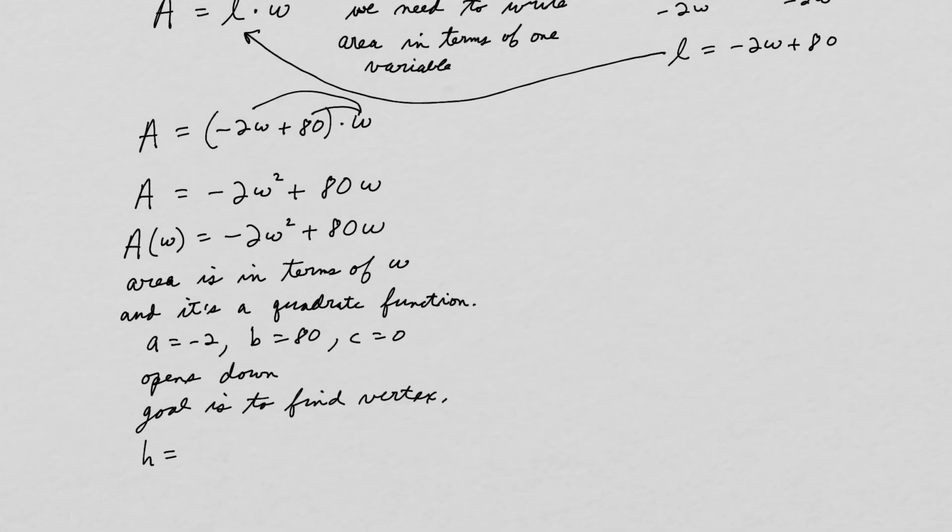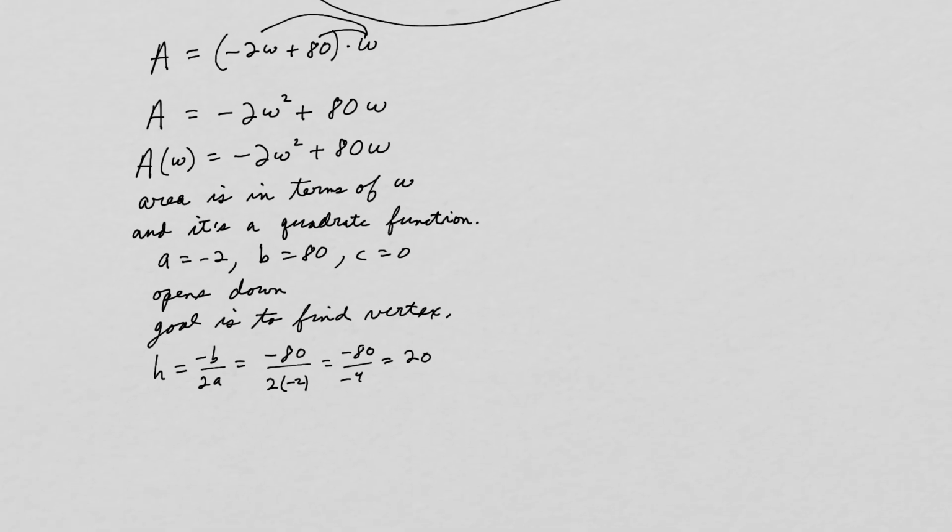So this is going to be minus B over 2A. So it's minus 80 over 2 times negative 2. That's going to be negative 80 over negative 4, which is positive 20. And then to find the K, that's going to be the function A evaluated when the width is 20, evaluated at H. So this will be minus 2 times 20 squared plus 80 times 20.